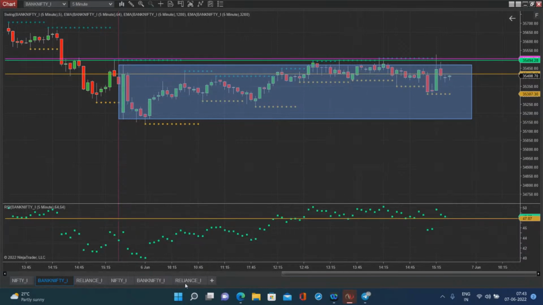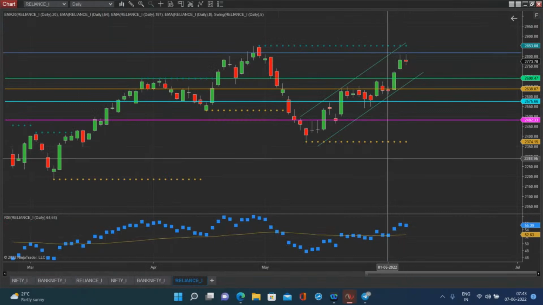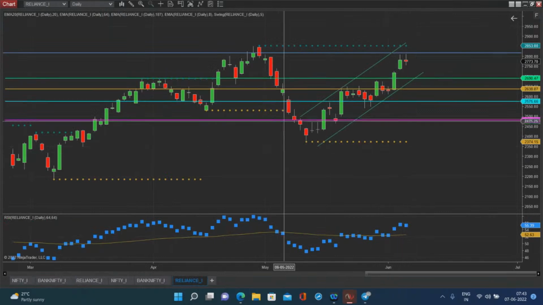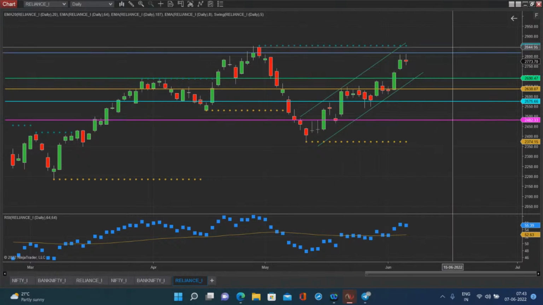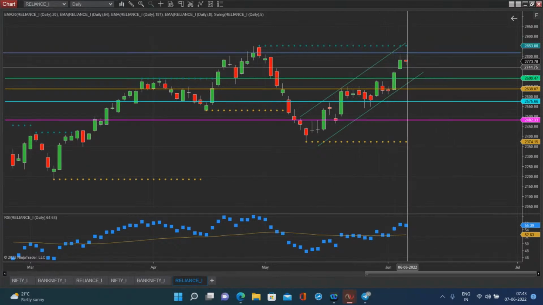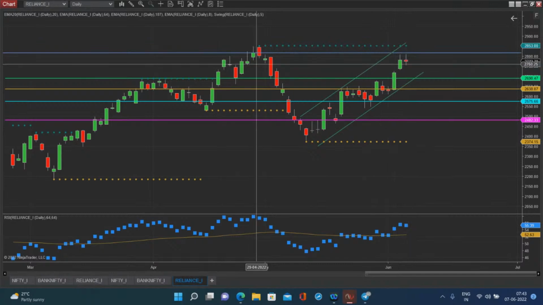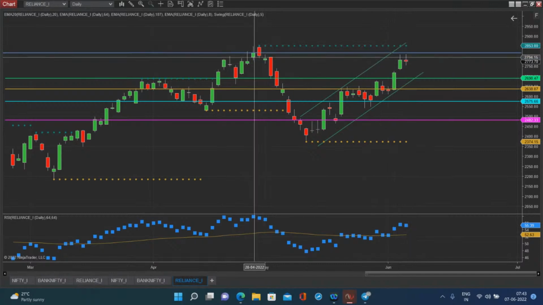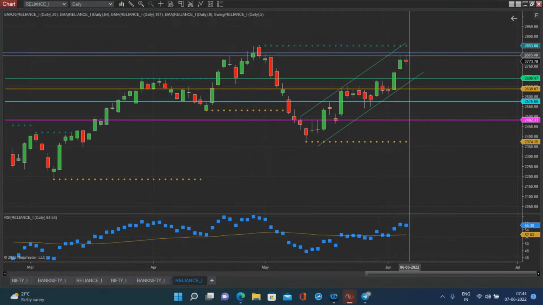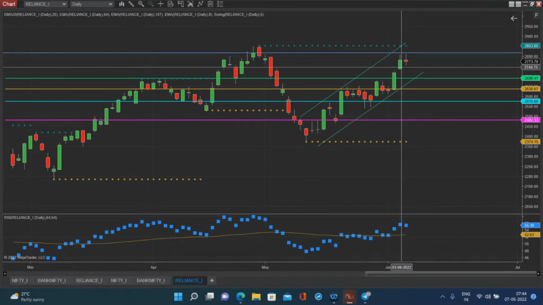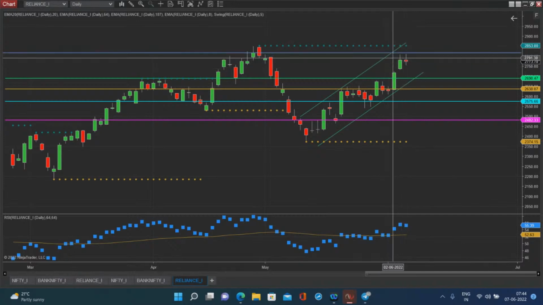Let's look at what is happening in Reliance. Reliance is staying above all averages, all the short-term and long-term averages. However, the market is weak here. The market had a lot of momentum during the last swing, and now that momentum is not there. However, you should not just short the stock right here.